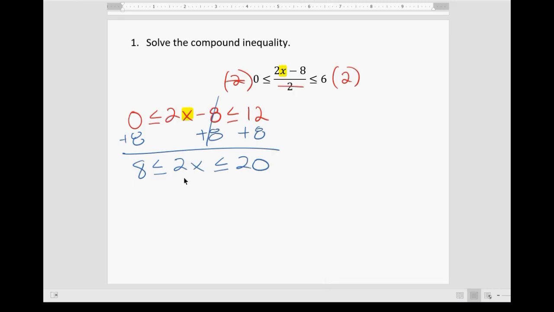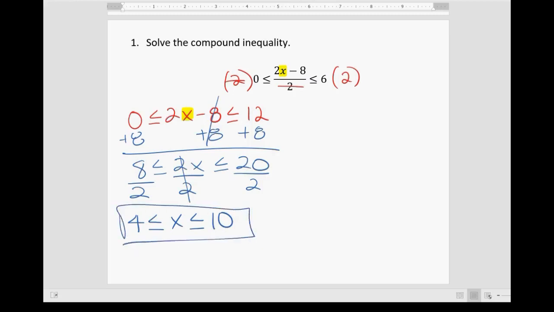Okay, so now to solve for x, we're going to divide by 2. On the left, I have 8 divided by 2, which is 4, less than or equal to x, which is less than or equal to 20 divided by 2, which is 10. Okay? So this would be the solution for the compound inequality. Let's say we wanted to graph that solution.